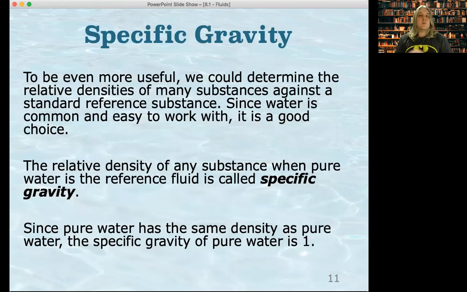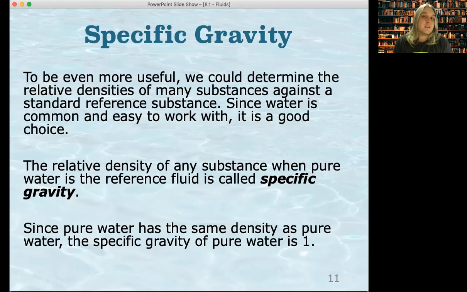When we want to compare different things, it's useful if we do it all with one specific reference material. And since water is very common and very easy to work with, that makes a great choice for a reference density. So what we've done is define a specific gravity as being the relative density of some object to water. Right? So water is the reference density.